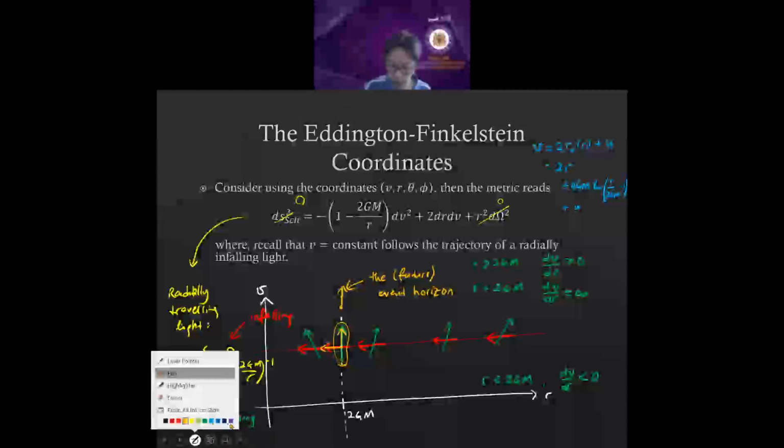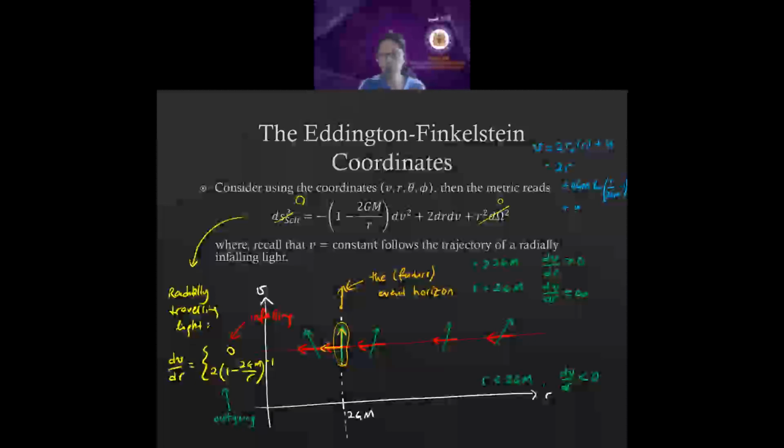Just now I said that this metric also describes the outside of the Earth, right? But why is it we don't face any problem? Well, the reason is because the radius of the Earth is larger than this 2GM.